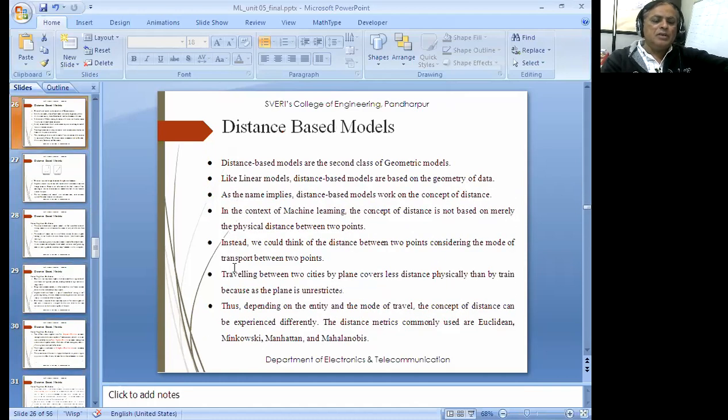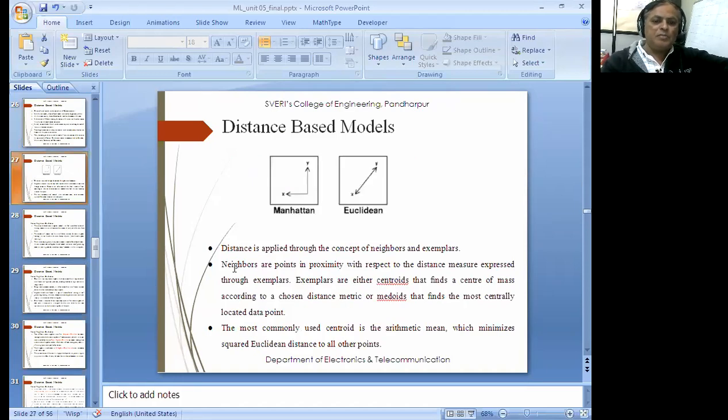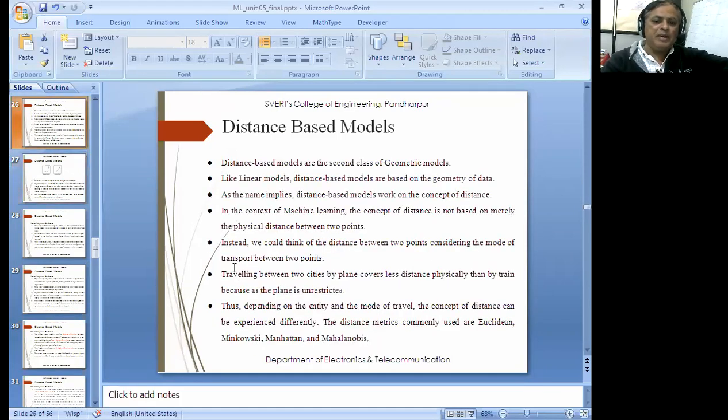The second type of model we have seen is distance-based models, which are completely based on geometric models. As far as geometric models are concerned, different types of metrics are used: Euclidean, Minkowski, Manhattan, and Mahalanobis.